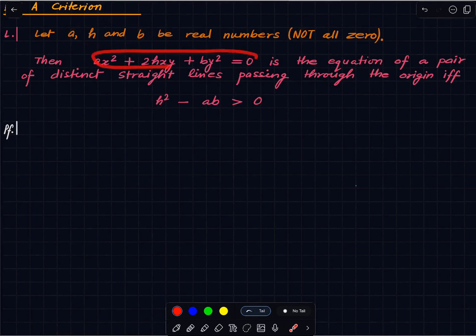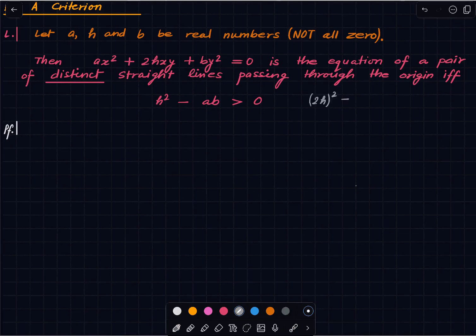Then this expression is the equation of a pair of distinct straight lines passing through the origin if and only if this expression, h square minus ab, is positive. And before I continue, let me just say that the positivity of this is equivalent to the positivity of this expression. So all I'm saying is that this is equivalent to that.